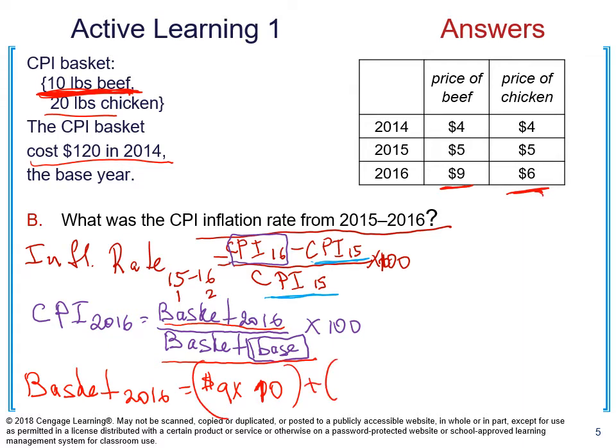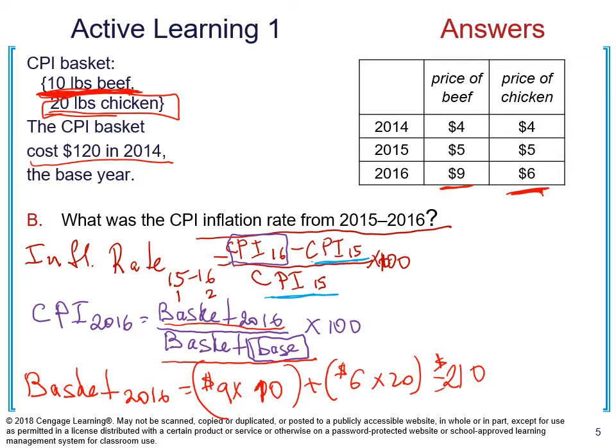And then the price of chicken is $6 per pound, and the typical consumer purchased 20 pounds of chicken. Multiply by 20. If we calculate this, our basket cost is going to be, I'm sorry, $210. I apologize. It's going to be $210. That's going to be our basket cost.